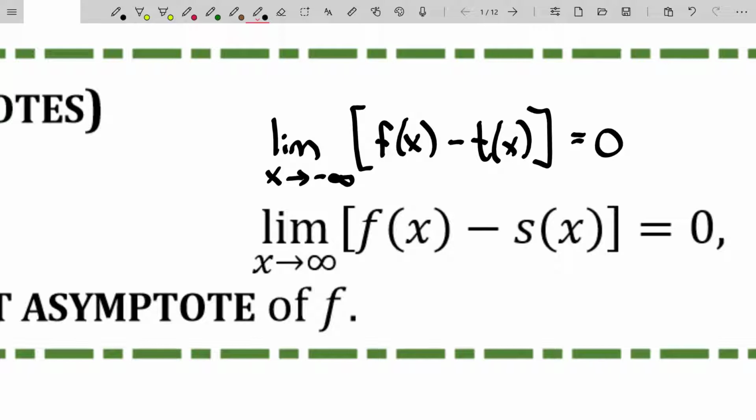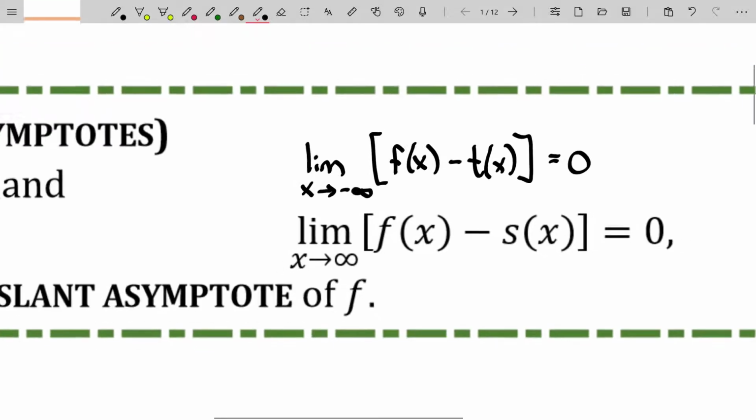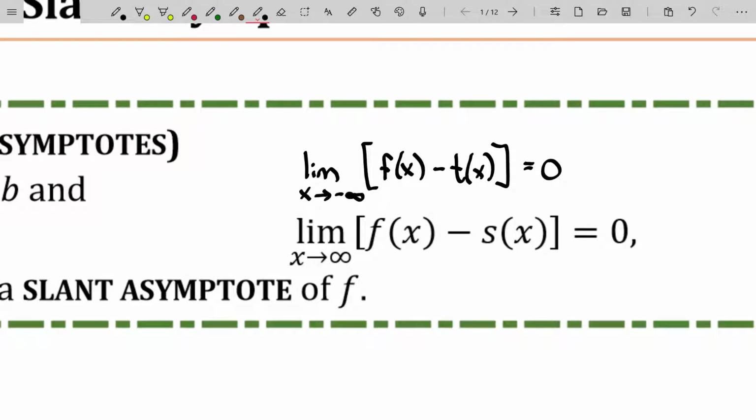There are cases, very rare as they may seem, when your function might have two completely different asymptotes at the ends of the graph. So to the right, it might behave like a cubic, and to the left, it might tend to a horizontal line or something like that. So that's just a heads up.